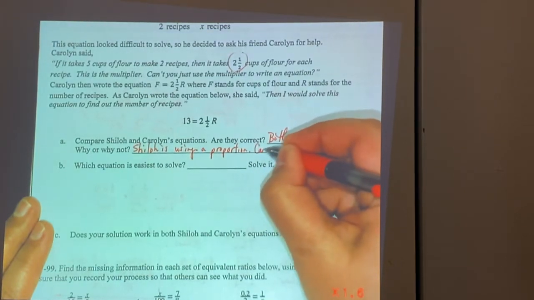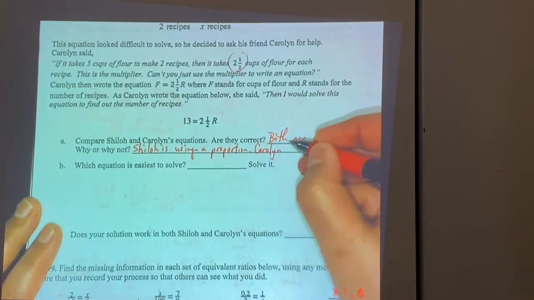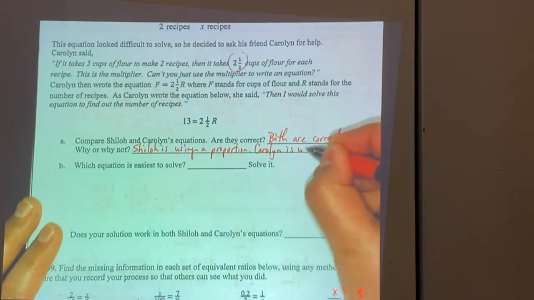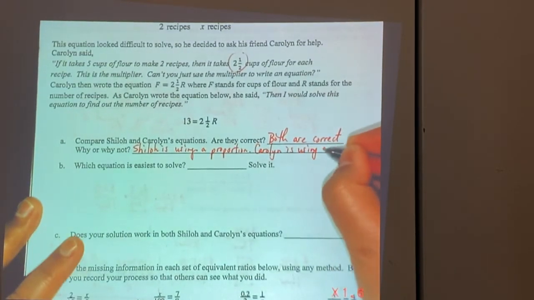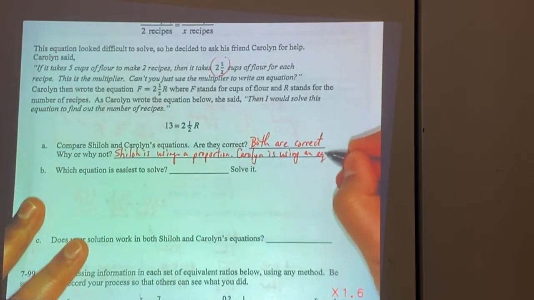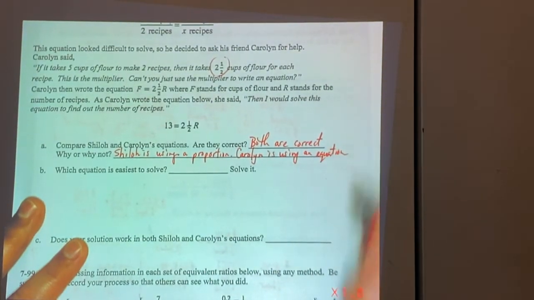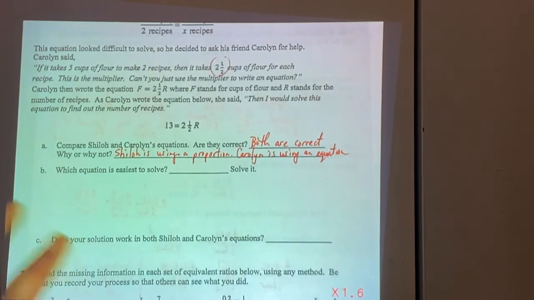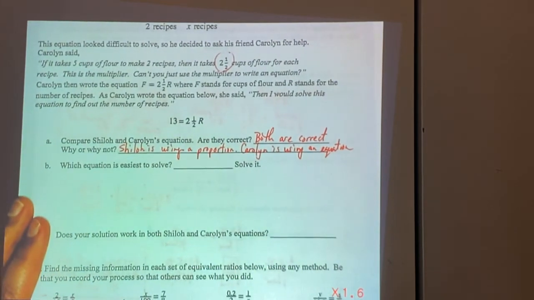Carolyn is using an equation. Which equation is easiest to solve?